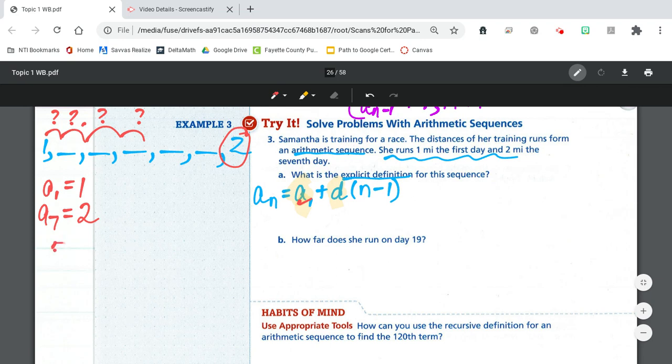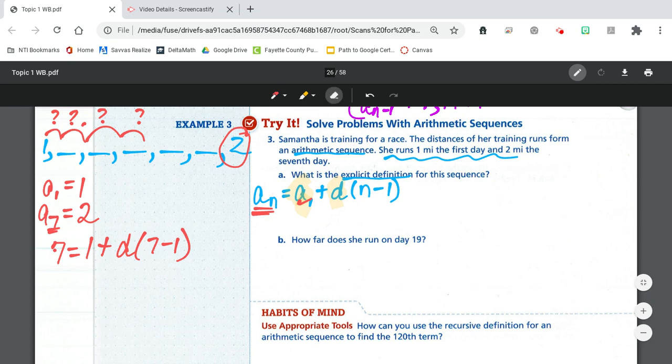So I'm substituting in, I'm rewriting the formula where I would have A sub 7, equals the first term 1 plus my common difference, which I'm solving for, times n, and in this case, it would be 7 minus 1.